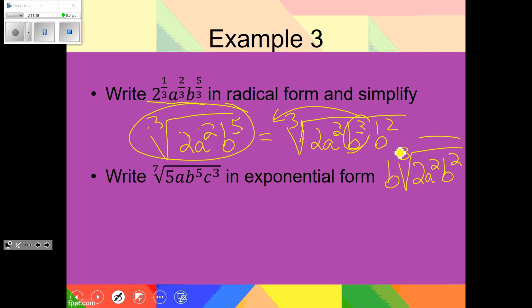So you may see this as well. Like I said, I have no clue as to what's going to be on the SOL, but I would venture to say, as an educator, I could see them giving you the first problem and saying, click all of the following that are equivalent to that. And then I could see them throwing in things like this: 2 to the 3 over 9, a to the 2/3, b to the 5/3.